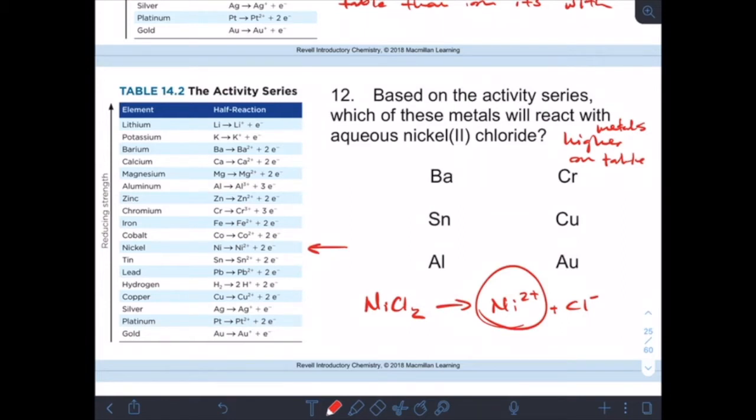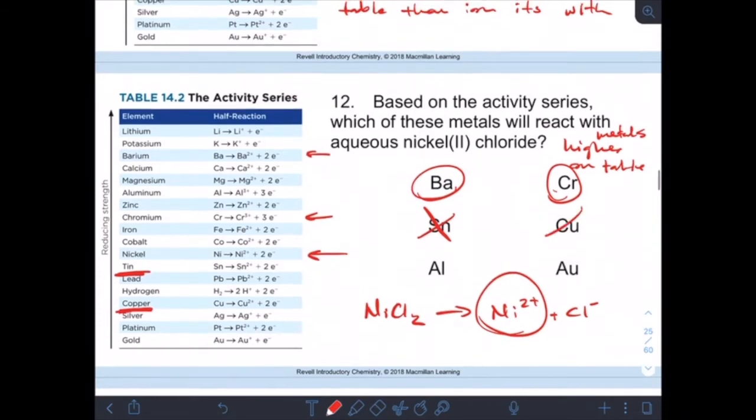So the metals that are higher on the table, solid metals. Barium. Barium's higher up, so yes. Chromium is higher up, so yes. Tin, Sn. Tin is right here, just below, so no. If the metal solid is below the ion, then it will not react. Copper's right here.